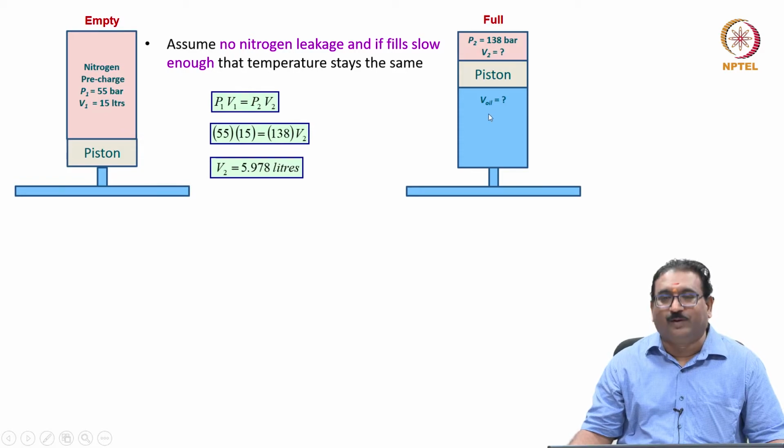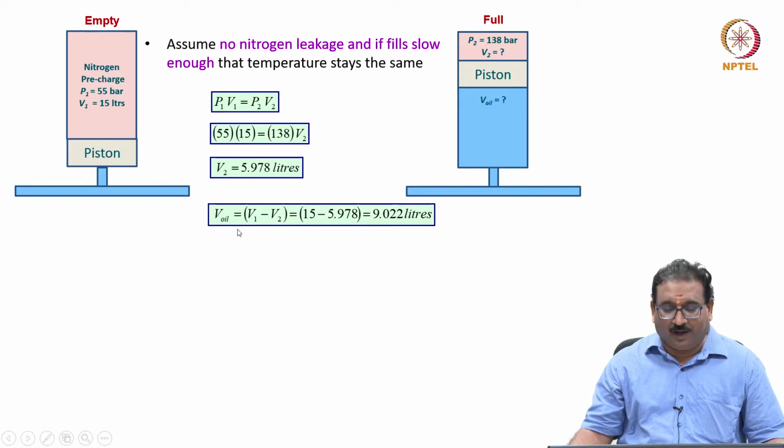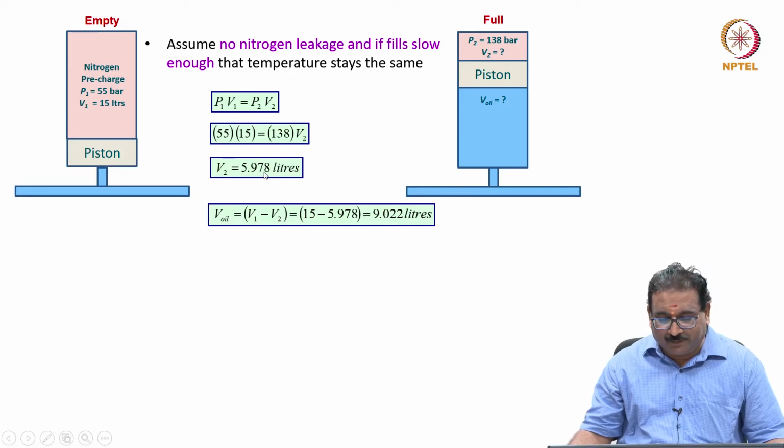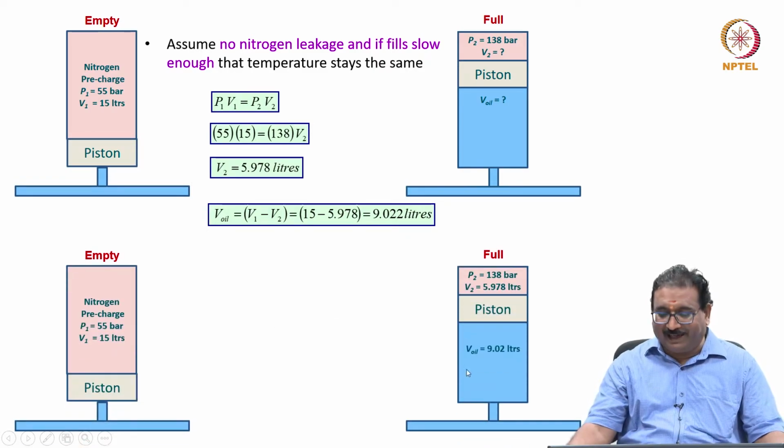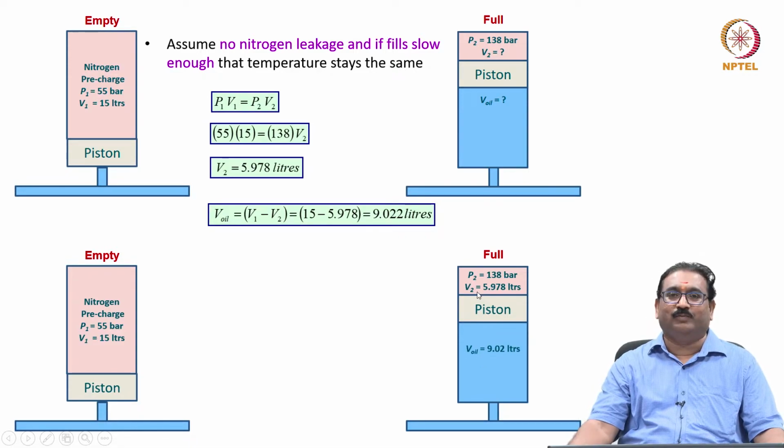Take the difference to get V oil. V oil equal to V1 minus V2. Here 15 liters minus 5.978 liters. I will get the oil volume as 9.022 liters. Meaning finally I will get all the parameters like this, V oil and V2.